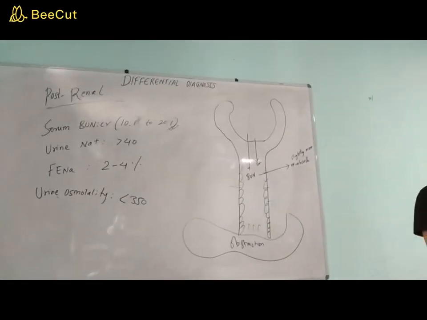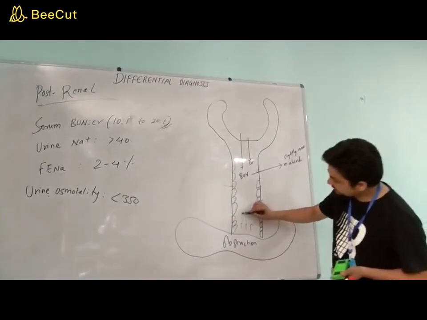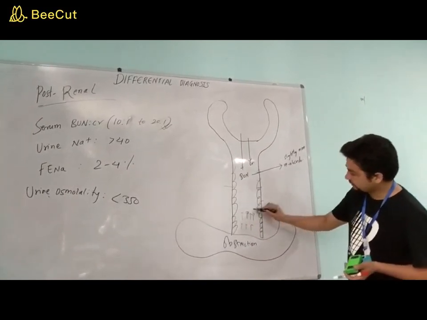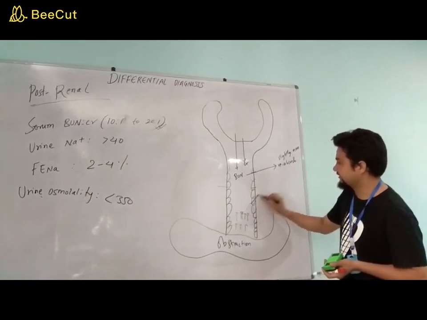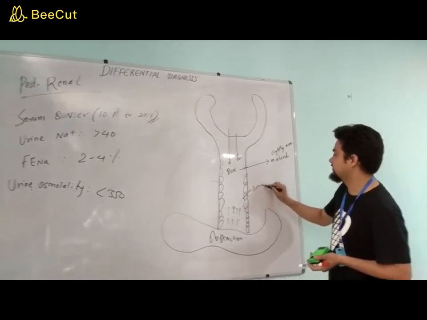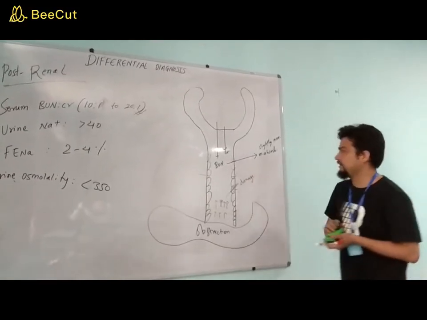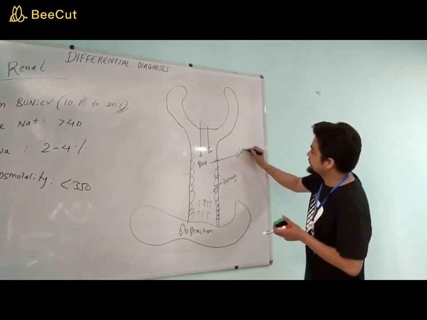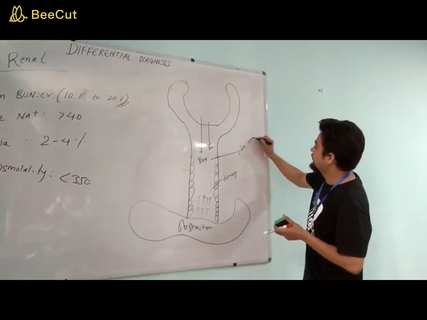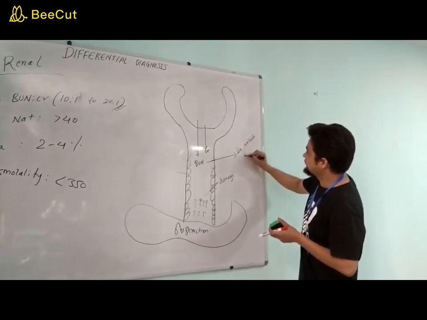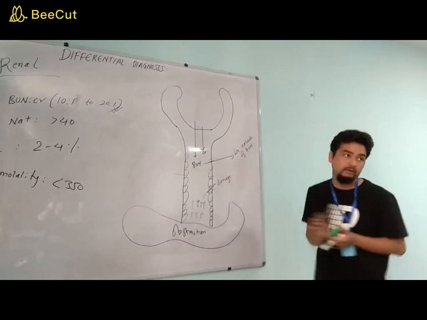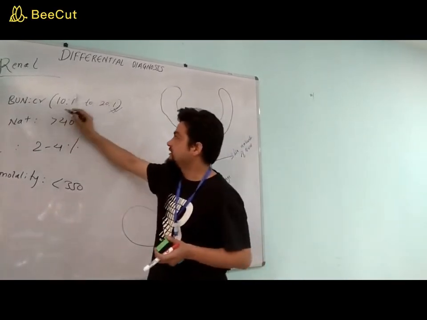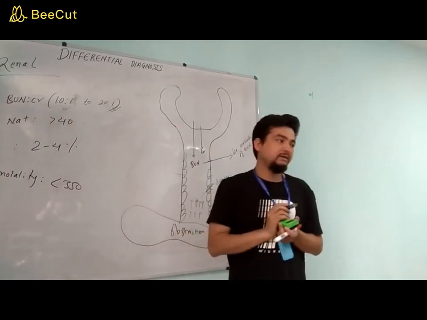But later, due to increased continuous pressure, this will start damaging the cells here. Later there will be a decrease in reabsorption of BUN, and the BUN to creatinine ratio will shift toward the lower end.